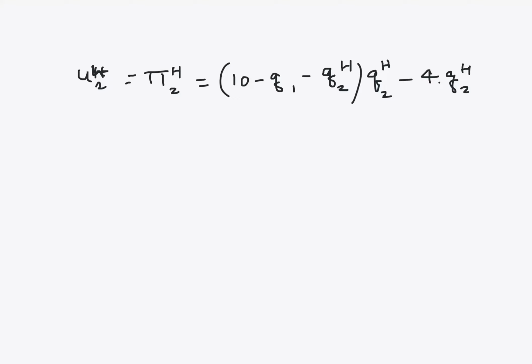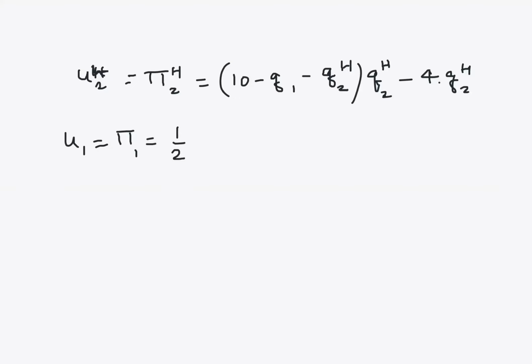Next, we can write down the profit function of firm 1. Because firm 1 does not know whether it's dealing with a high cost type or low cost type, its payoff can be written as an expected payoff. So U1, the profit of firm 1, is: there is a 50% chance firm 1 is competing with the low cost type of firm 2, and a 50% chance it's competing against the high cost type.